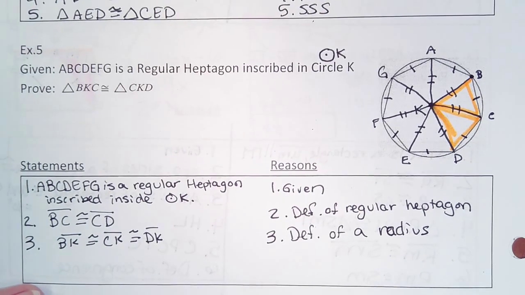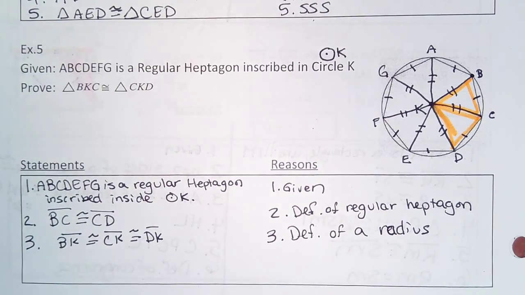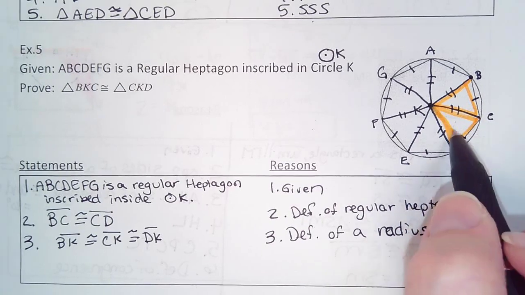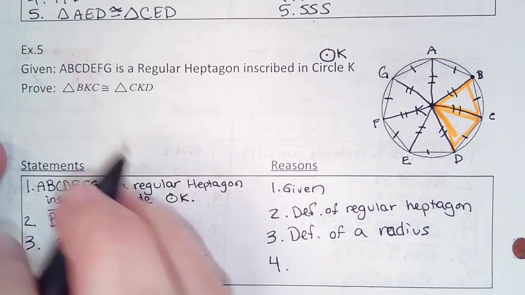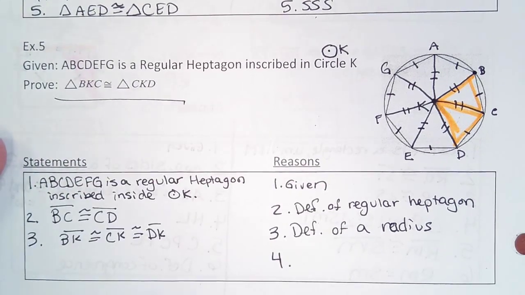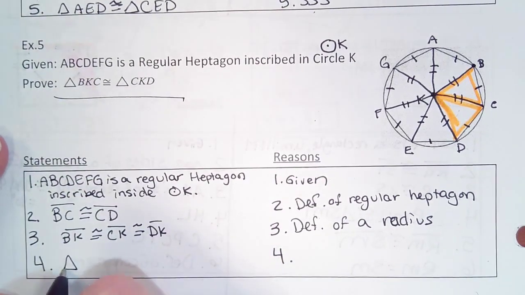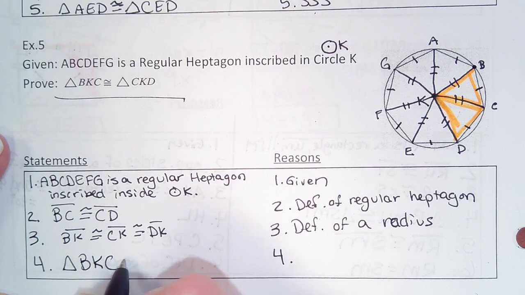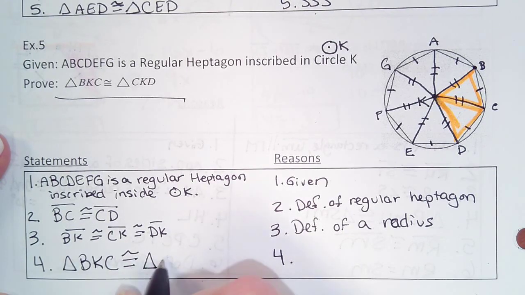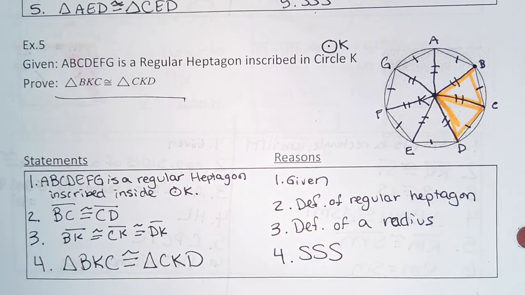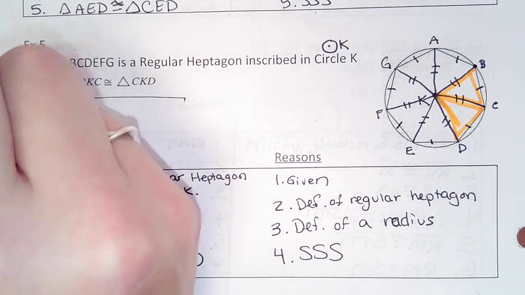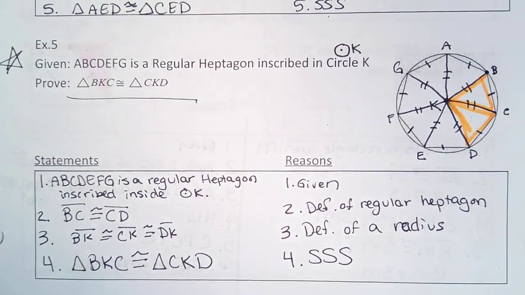Okay, now I have enough to say that these two triangles are congruent because I have the side, side, side postulate. And I'm trying to prove triangles are congruent. So step 4, triangle BKC is congruent to triangle CKD through the side, side, side postulate. I definitely would star this one. Take a look back over it because it will appear again.